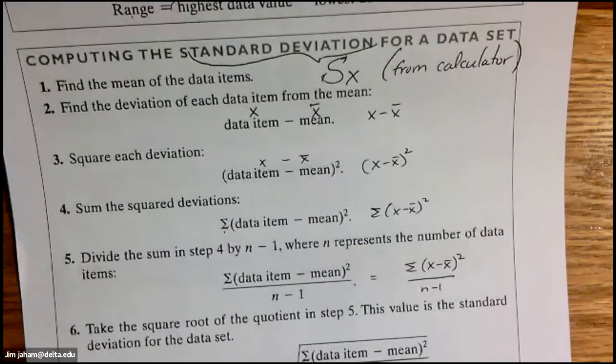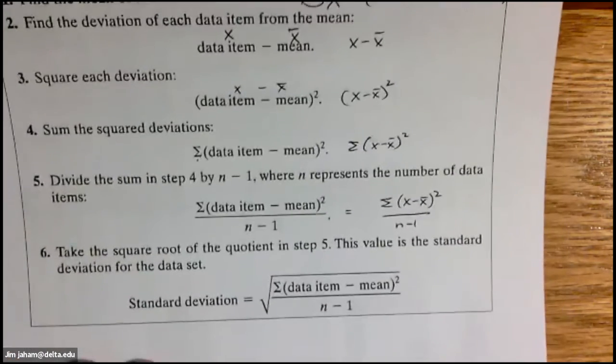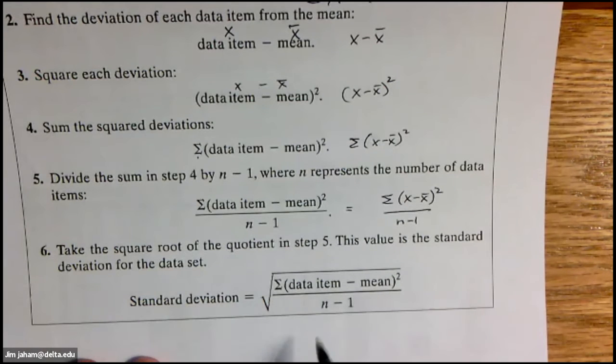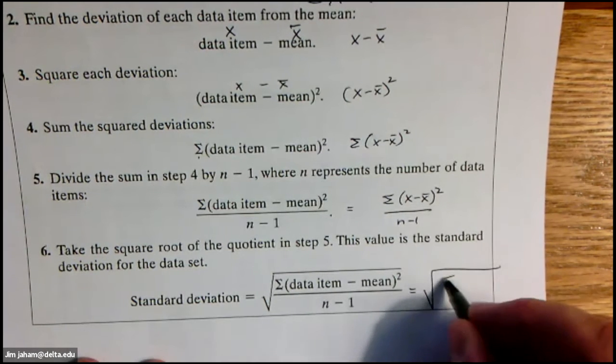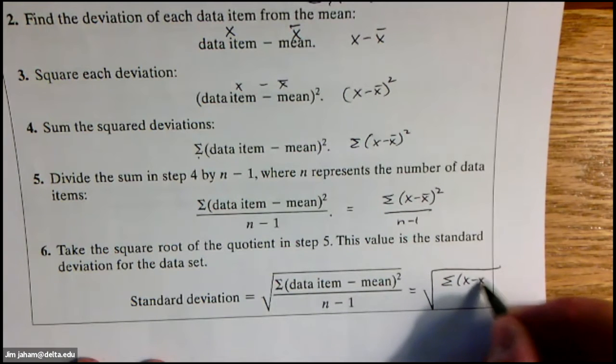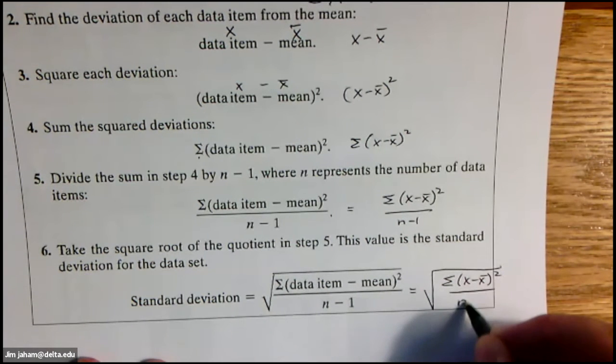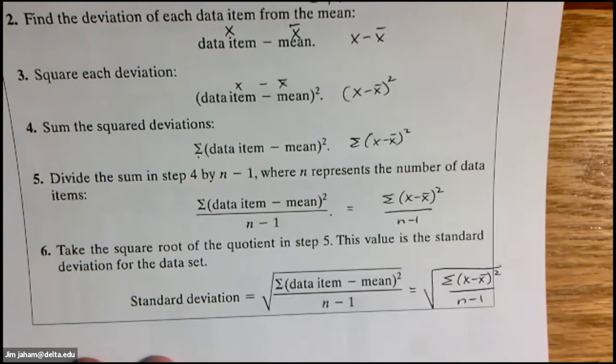N minus 1 is 1 less than the sample size. And then finally, we're going to take all of that and take the square root. So there it is.